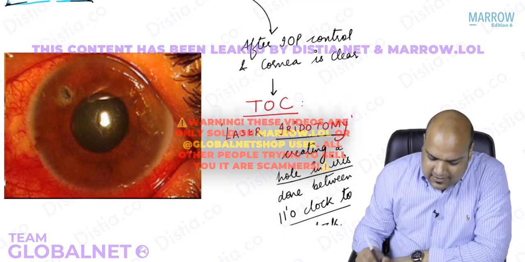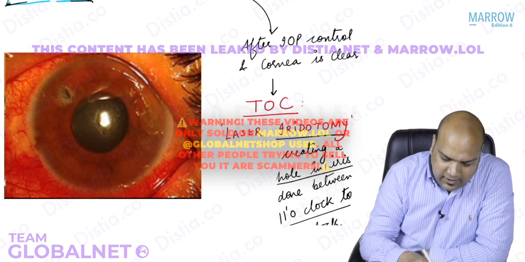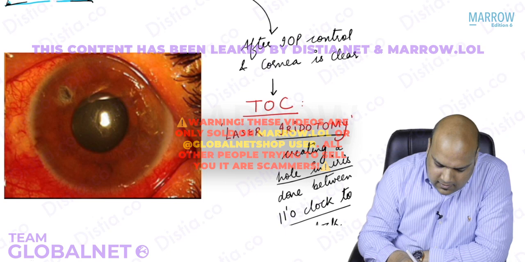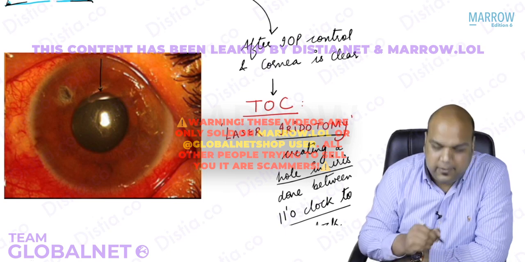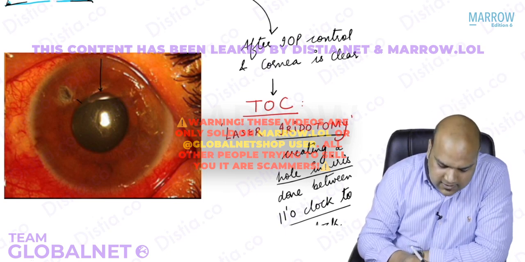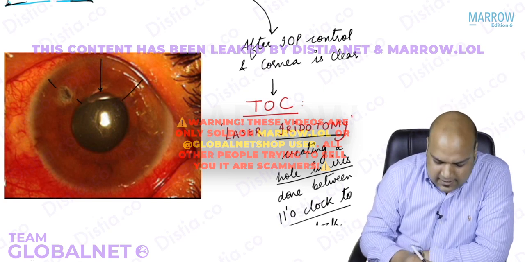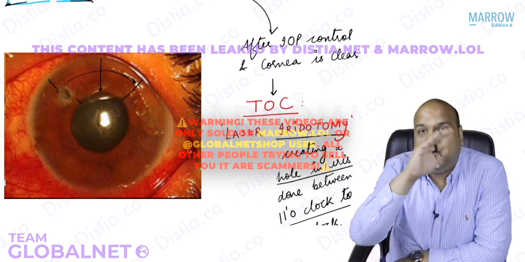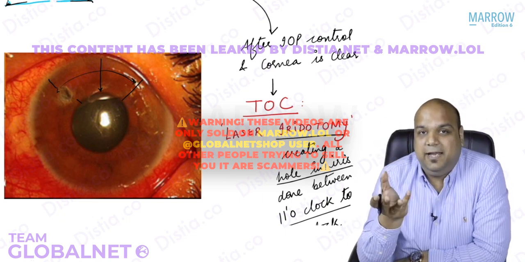Okay? Let us see, everybody. If we look at this image, let's say this is my 12 o'clock, everybody. So somewhere this is my 11 o'clock, this is my 1 o'clock. So we are saying the hole that we should create should be somewhere in this area, 11 o'clock to 1 o'clock. The question comes, why, everybody?